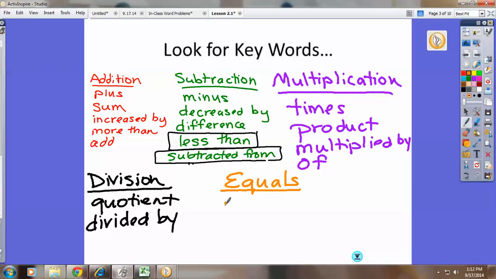Is, that's a popular one. What else? Same or the same as. How about equivalent to? I'm going to say equal to as well.